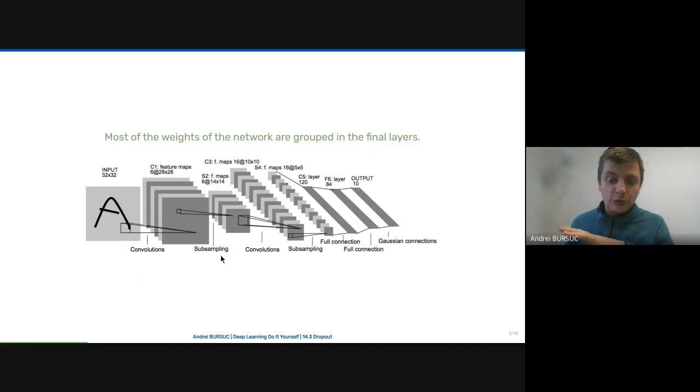We say that usually the convolutional blocks deal with feature extraction and information learning, while the fully connected layers at the end deal with the classification. And in general, most of the weights are concentrated in the final part of the network.